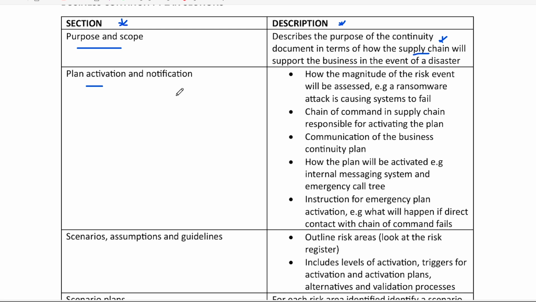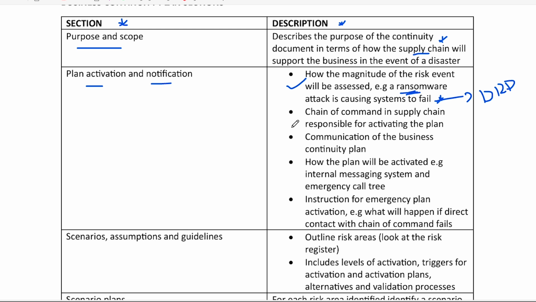So we have plan activation and notification, meaning how the magnitude of the risk event will be assessed, in case of something like a ransomware attack. So how do you do that? If you look at an event like this, this is something we mentioned, and then you're going to have a disaster recovery plan that will have details of all that.